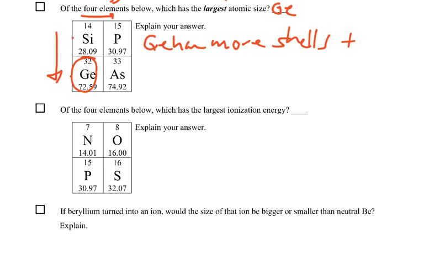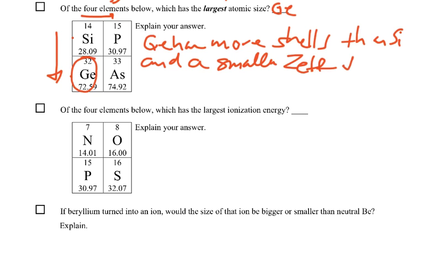So more shells than silicon, and a smaller Z effective than arsenic. So we can see for each of those 2 trends, germanium would be the larger atom.